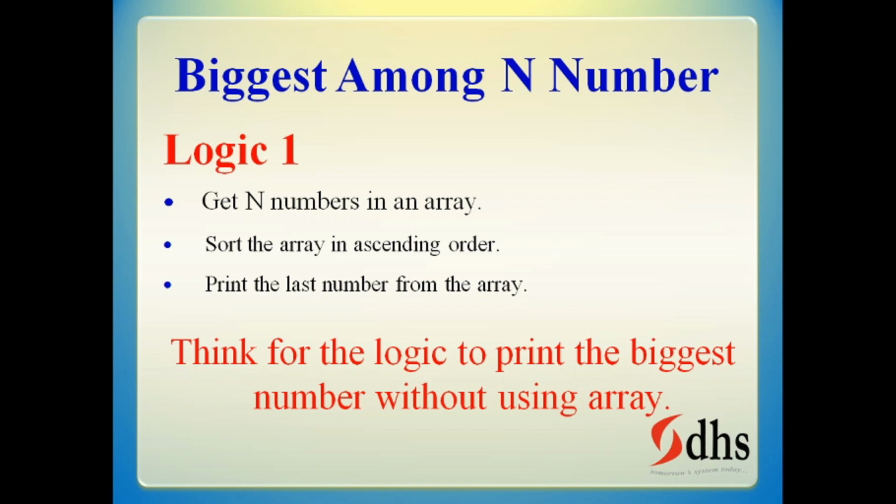You did not store it in an array or do any ascending or descending order, nothing. So what is the logic? First I tell you the number 10, and you keep 10 in your mind. Second number I tell you is 20. You compare 10 with 20 and keep 20 since 20 is bigger. The third number I tell you is 15.